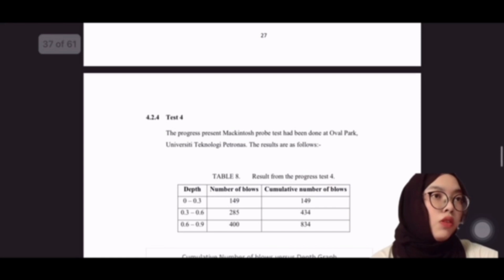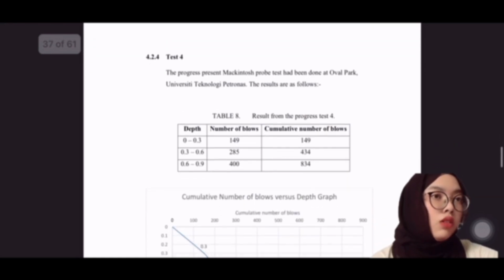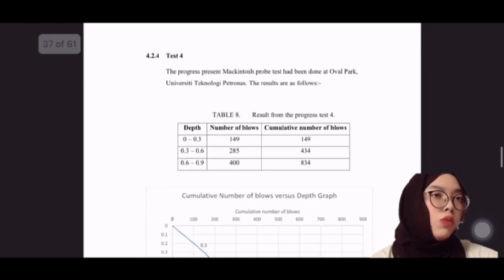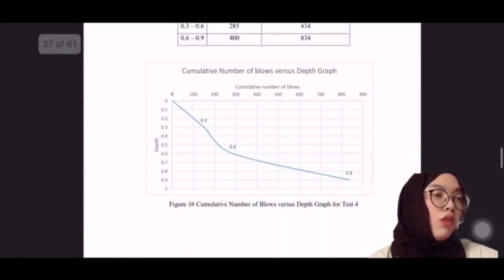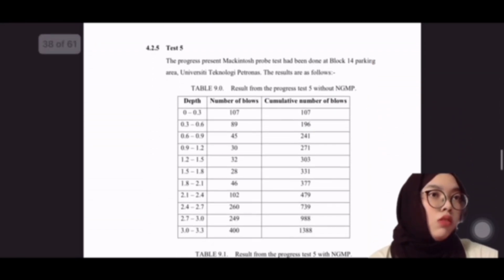Test 4 has depths 0 to 0.3, 0.3 to 0.6, and 0.6 to 0.9, and the numbers of blows are 149, 285, and 400, and the cumulative numbers of blows are 149, 434, and 834. And this is the cumulative number of blows for test 4. And this is the progress presented for test 5.